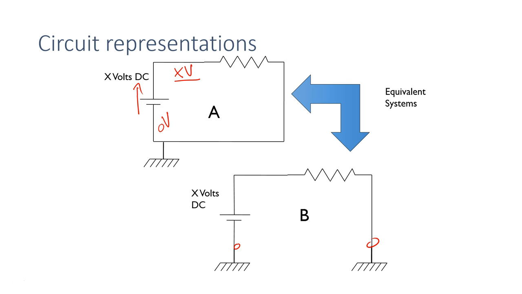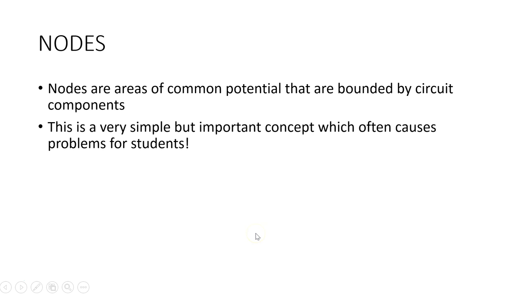Now we could do this because these grounds represent the same nodes, and this is the last thing we'll talk about for this session, and that is the concept of a node. A node is an area of common potential that is bounded by a set of circuit components.